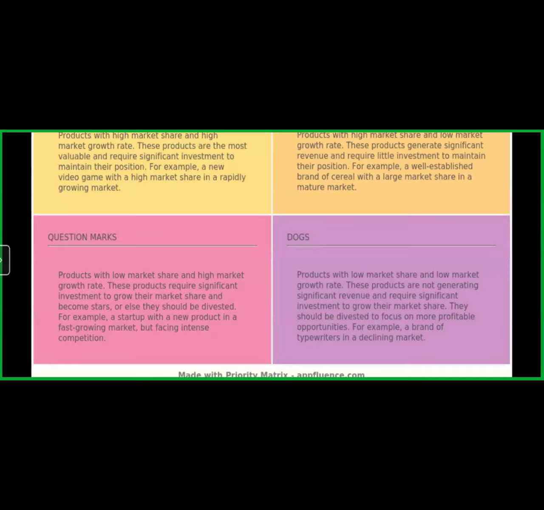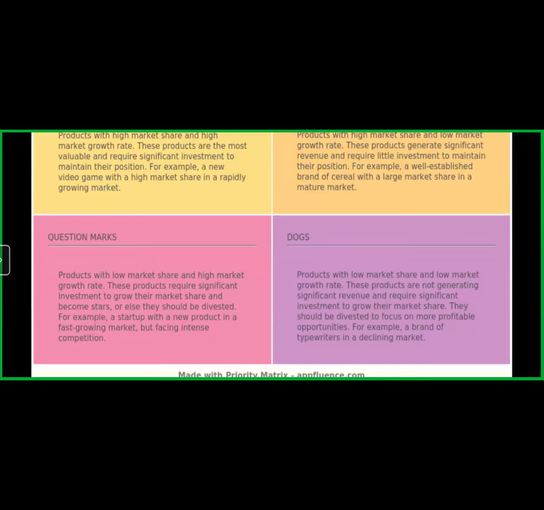Now what is divested? Divested is that instead of whatever profit you are generating by selling these products in the market, instead of investing in R&D of that particular product, on how we can come up with a better typewriter, we can divert that amount to other brands or other products of our company which are doing really good, where the market is also growing, and we also enjoy a good market share, or where we are having less market share, but there is enormous potential in that particular market.